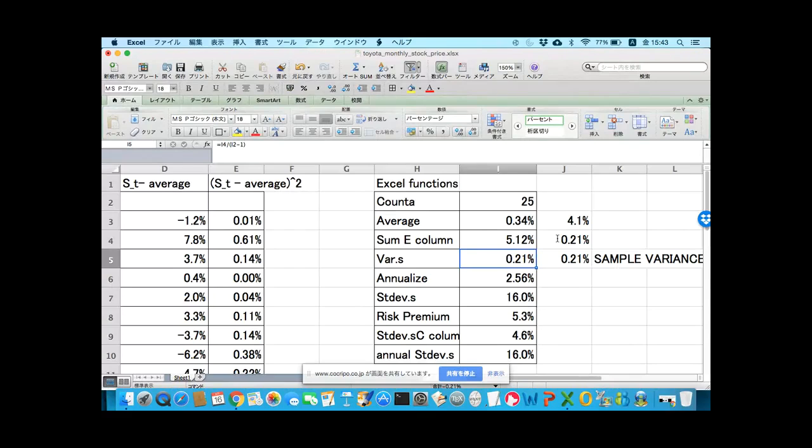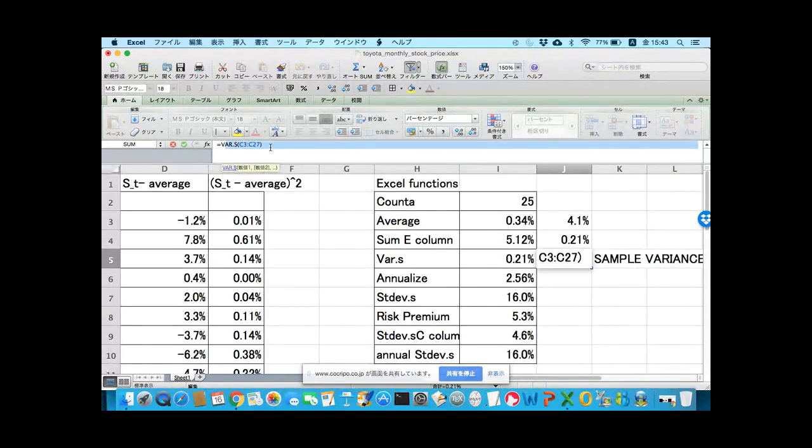We can get the sample variance at once by using the var.s function. var.s, okay, var.s C3 to C25.